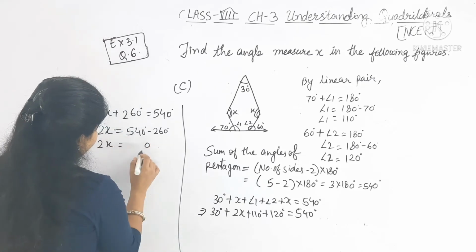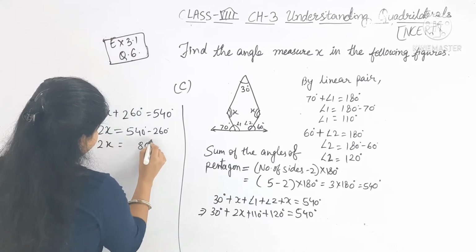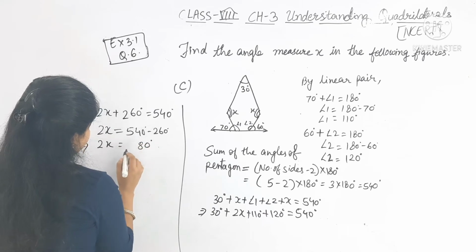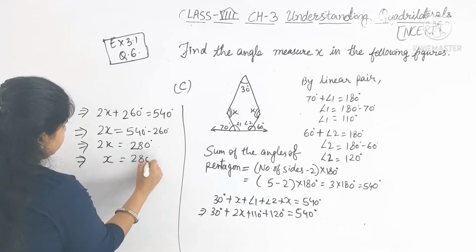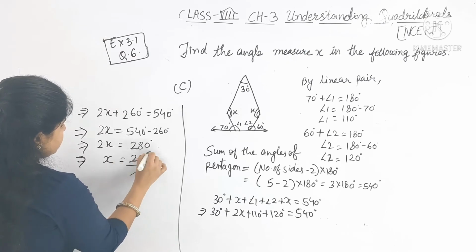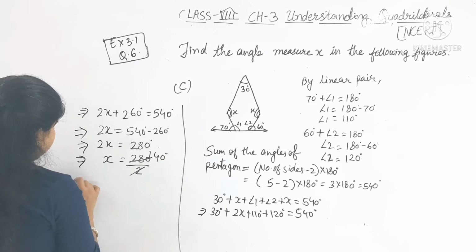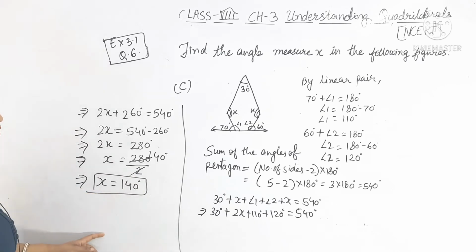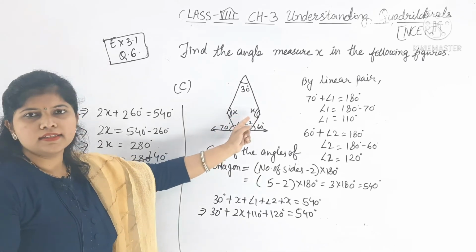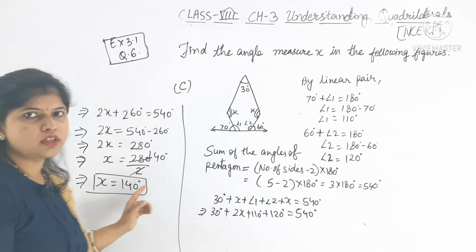I am getting 14 minus 6, 8. 4 minus 2, 280 degree. So x equal to 280 divided by 2. 2 ones are 2, 140. So I am getting x equal to 140 degree. So both angles are the same, x, that is 140 degree.